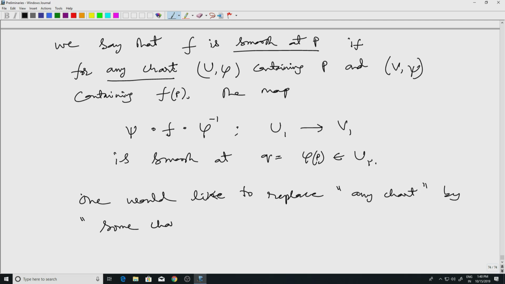In other words, if this condition holds for one chart, then it should hold for all charts.